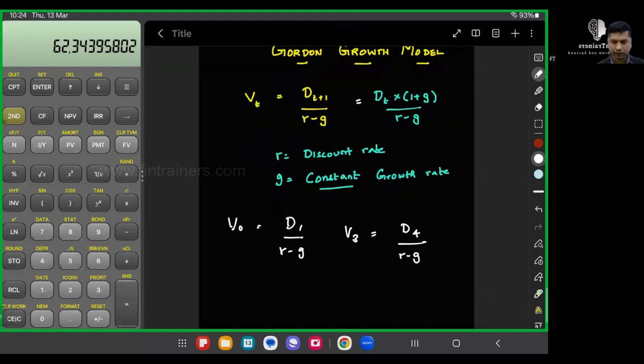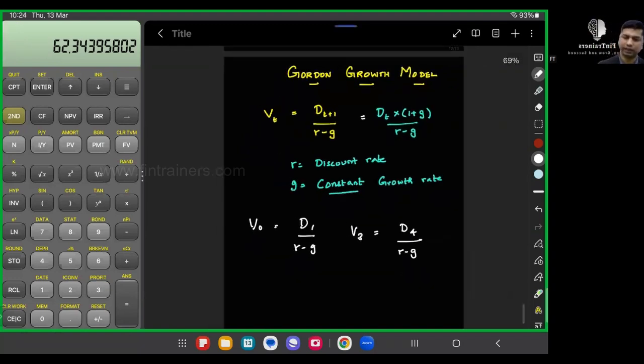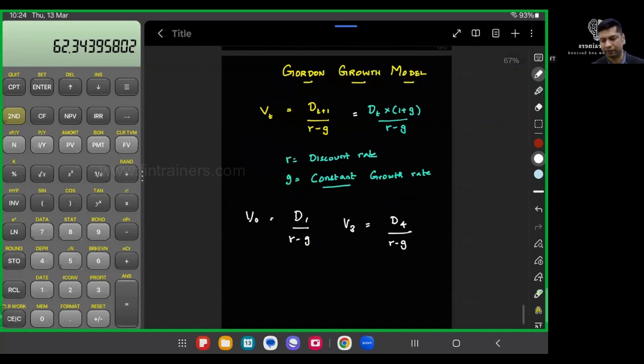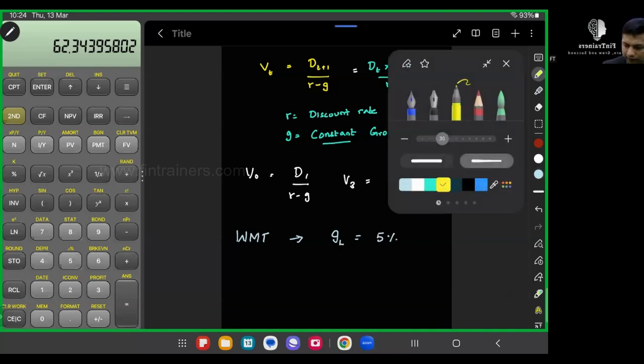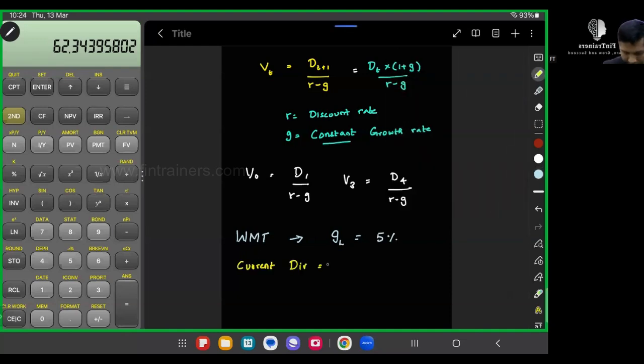Let me ask you a very simple question. Again, this is more a conceptual check, not the kind of question you might get in your exam. Walmart, ticker symbol WMT, has a constant long-term dividend growth rate of 5%, and the current dividend is $1.8.